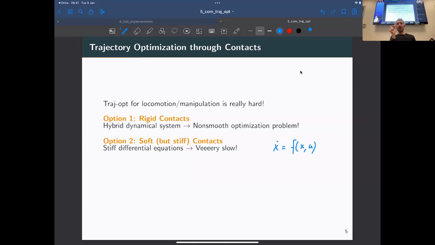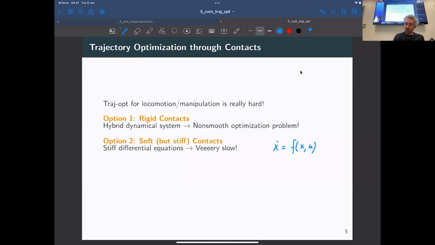Maybe you need to integrate with a time step of 10 to the minus 5 or 10 to the minus 6. You can think of it as roughly inversely proportional to the stiffness you're using for the contact. It's not an exact relationship, but roughly speaking, that's how it works. So that's going to result in a very slow computation. Again, it's not something that works well in practice. It's similar to the conclusion we got when talking about rigid contacts.